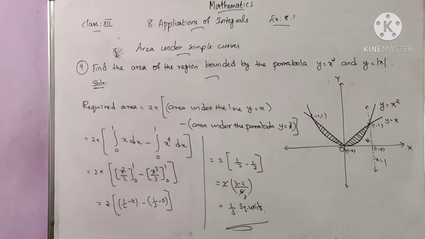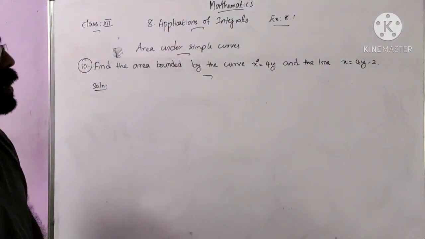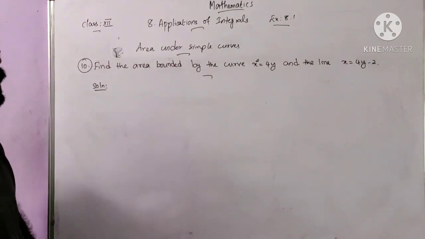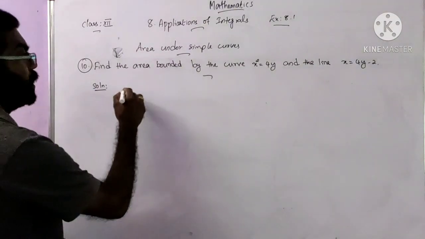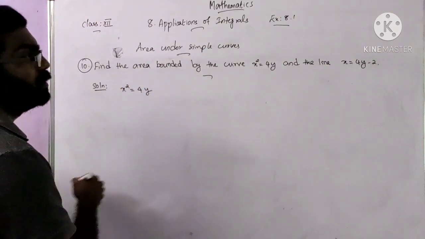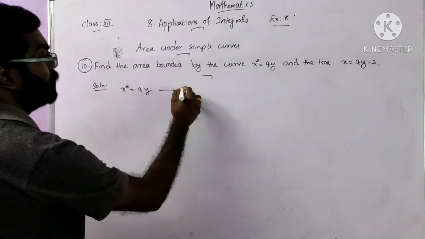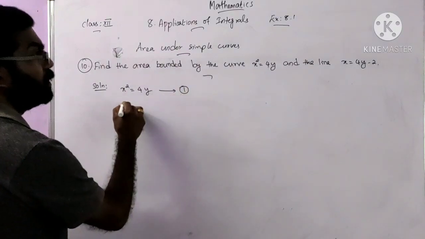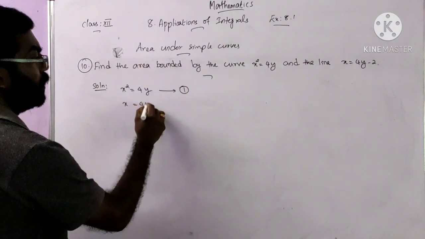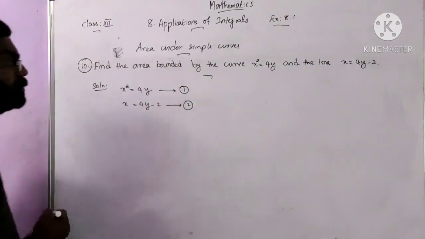Okay. Next one, find the area bounded by the curve x square equal to 4y and the line x equal to 4y minus 2. So x square equal to 4y is a parabola and x equal to 4y minus 2 is a straight line. So in order to find the point of intersection, we can solve these two equations.